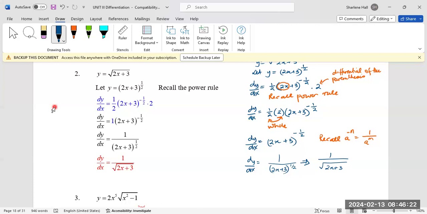Is it the quotient, or is the overall the product rule? It is the product rule, yes. So it's going to be the product rule, and then within the product rule, we have the power rule. Then we have the square root rule, and the power rule is going to come out of it. So yes, the product rule.